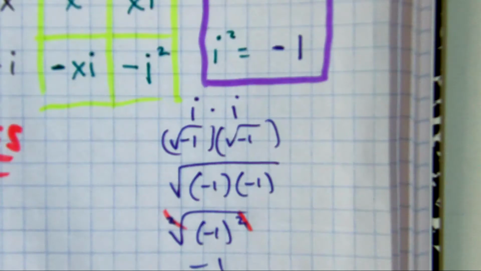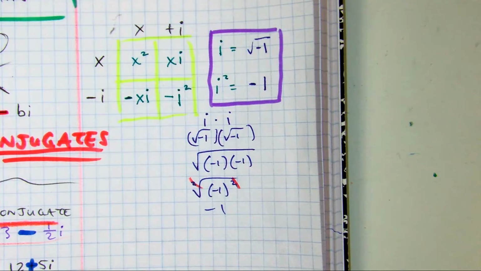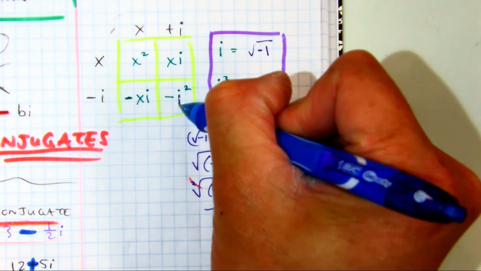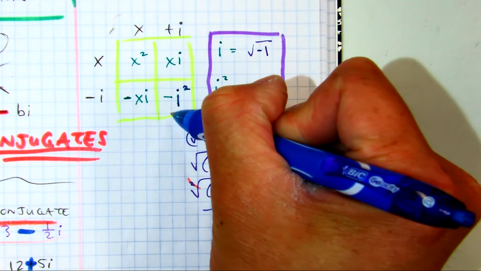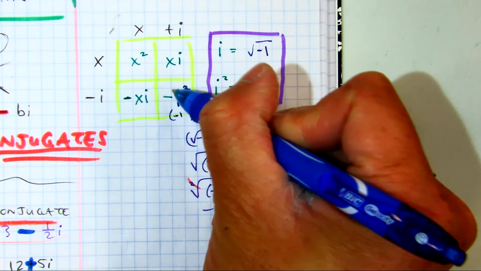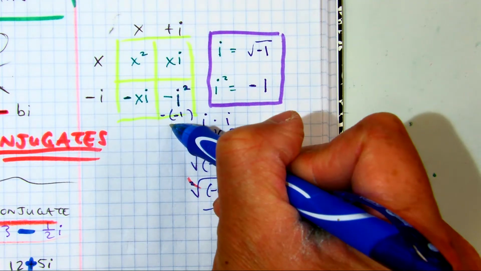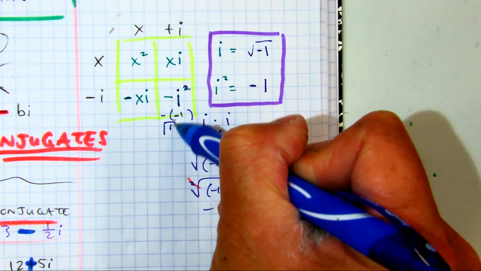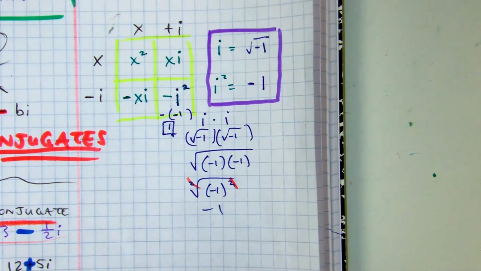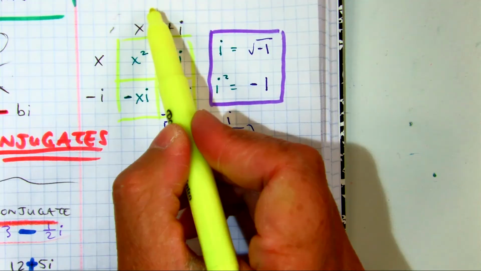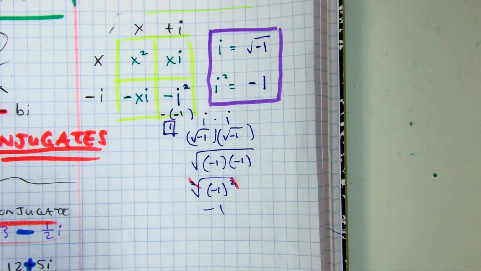So let's zoom back in after this problem. Class, if I know that i squared is equal to negative 1, I have the opposite of negative 1, which is positive 1. So what does this mean for our problem? I have x squared.